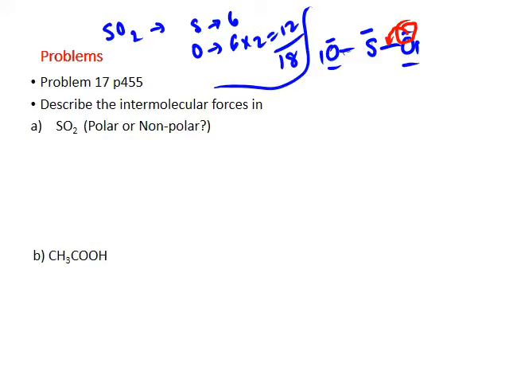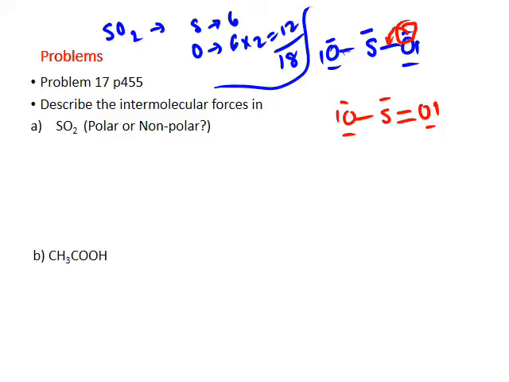It can happen from either side, so it doesn't really matter. That would actually give you 2 resonance structures. Here we don't really worry about that, but let's just write down one of the resonance structures. I would have a double bond here, and then 2 pairs of electrons on one oxygen, and 3 pairs of electrons on the other oxygen. This is exactly how you're going to do this problem.